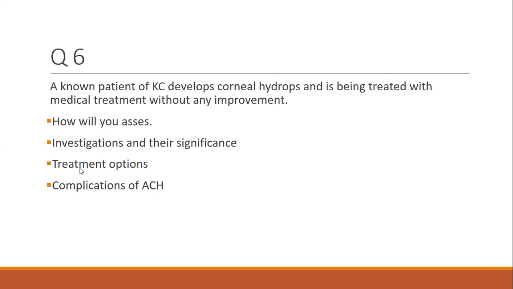If after these also it's not improving, then we might have to go for keratoplasty. Before that, you can do compression sutures. After compression sutures, even if it's not improving, there is another option, thermokeratoplasty, where you slightly burn that area, which helps reduce edema.